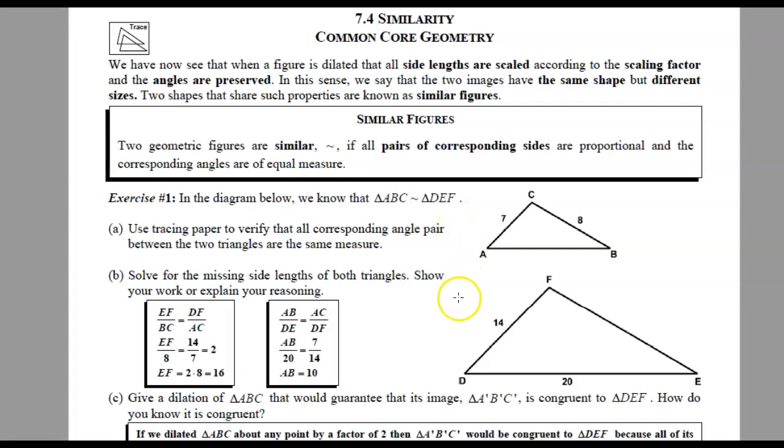For part B here, solve for the missing side lengths of both triangles and show your work. So whenever we're trying to solve for side lengths and similarity, we need to establish a pair of corresponding sides that we do know. And the corresponding sides that we do know here are AC and DF. Now it looks like they're corresponding, but looks aren't necessarily enough.